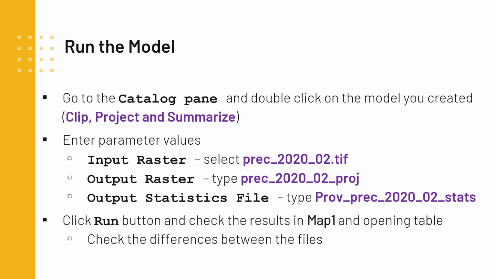And for the output statistics file, type in prov_PREC_2020_02_stats. So again, this indicates we're going to be running this for February's raster data. Okay. Then I'd like you to click on the Run button and then check out your results in the Map 1 by opening the table and then checking the differences between the month 1, the January data, and the month 2, which is the February data.